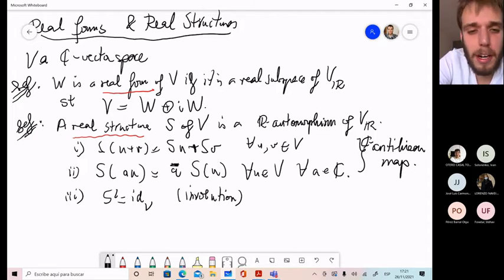Maybe there is some issue there because you have a map here in V_R, okay?